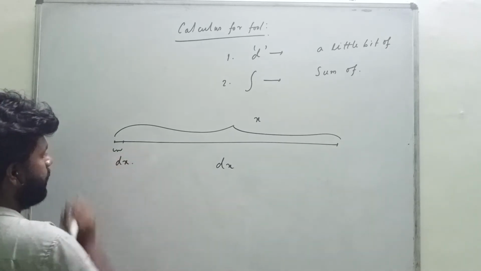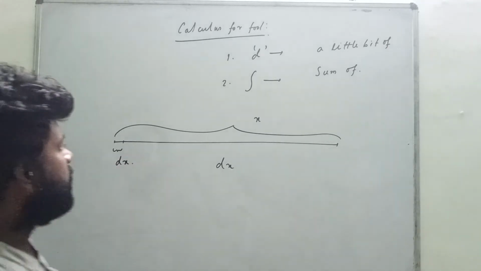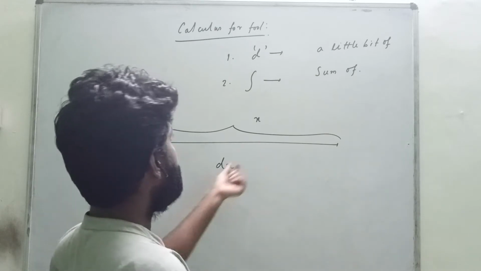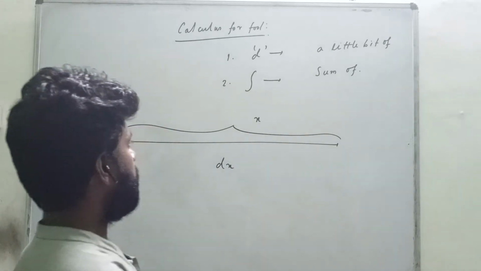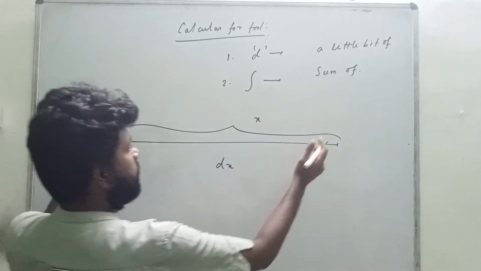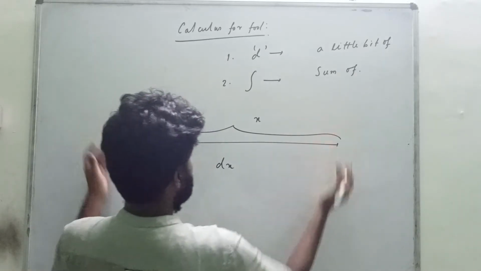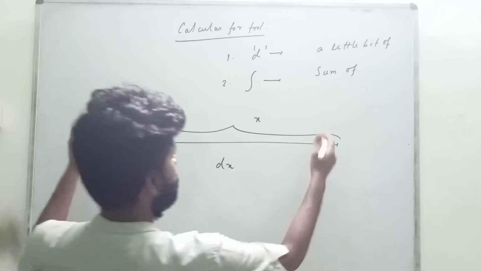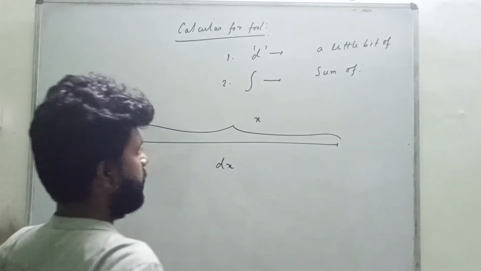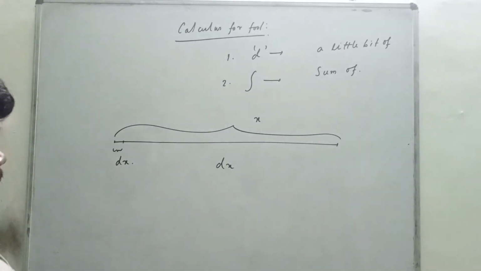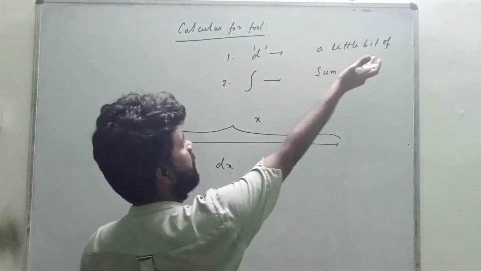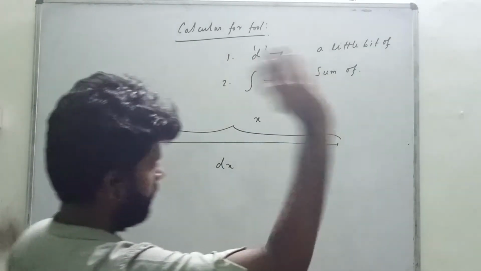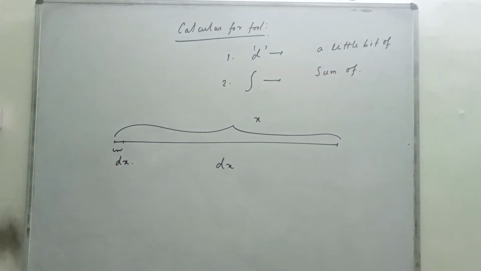So dx is a fraction of x. d means a little bit of, or a fraction of something.